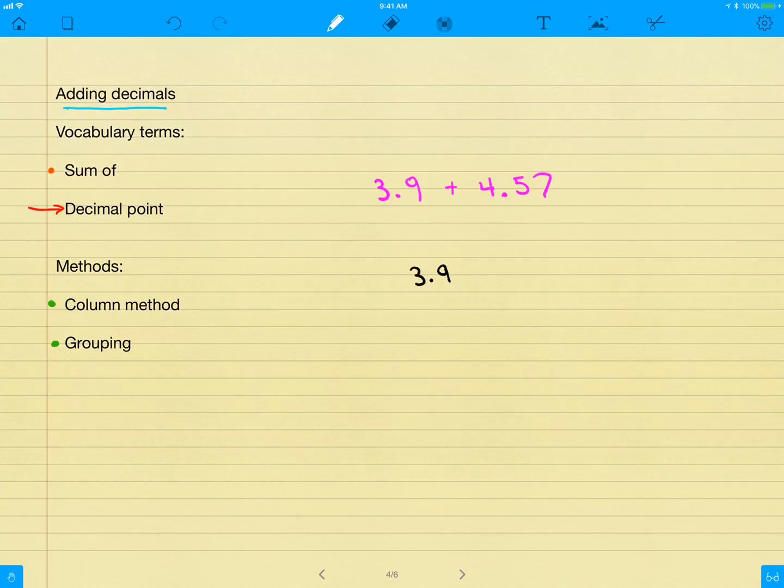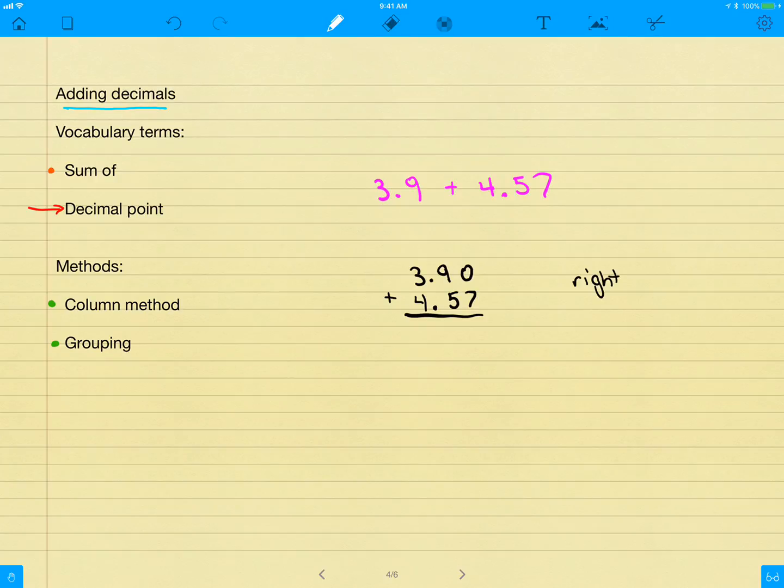I want to put 3.9. But when I write the next number below it, in a column, straight up and down, I want to line up the decimal points so that they're right on top of each other, like that. The decimal points are lined up. And then you can fill in zeros wherever you need to so that the numbers are the same length. When you add decimals, you start on the right side.